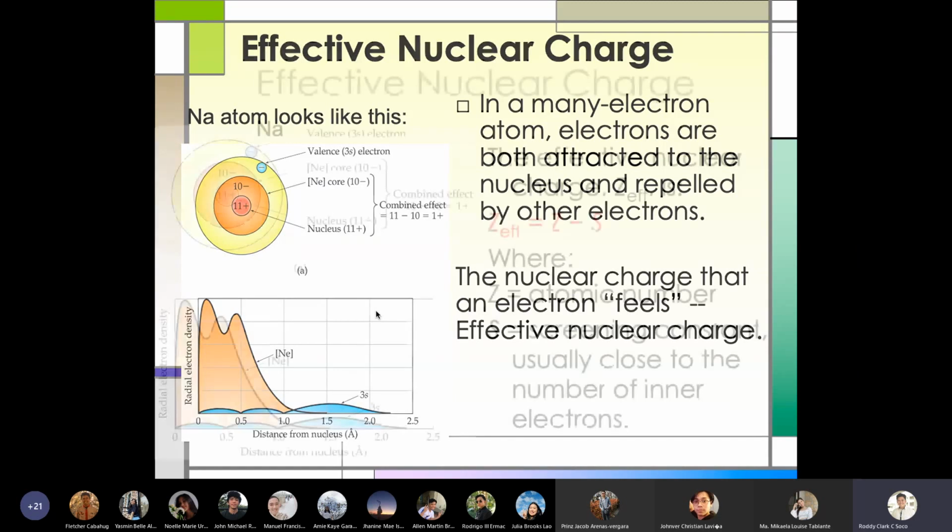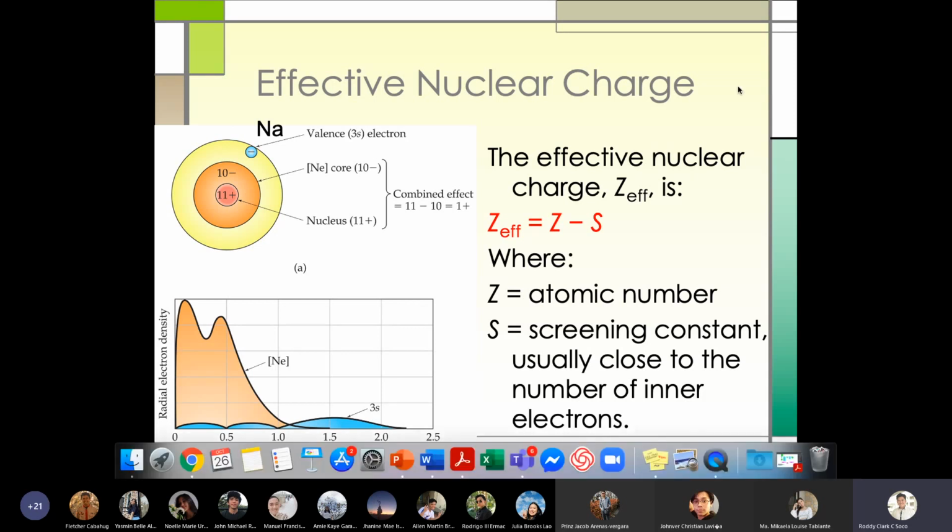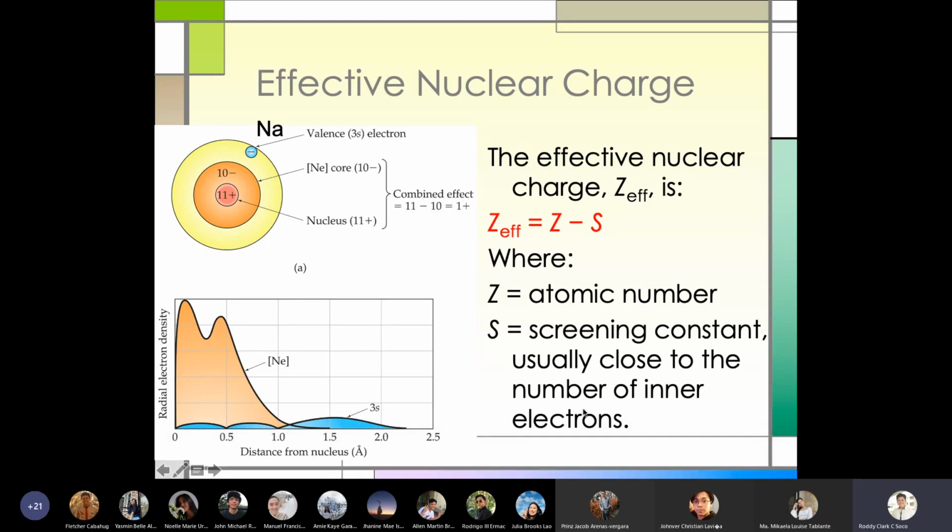So mathematically, we can represent the effective nuclear charge of sodium that way. Zeff is equal to Z minus S, where Z is the atomic number, which in this case is 11, and S is the screening constant. The screening constant is approximately close to the number of inner electrons.